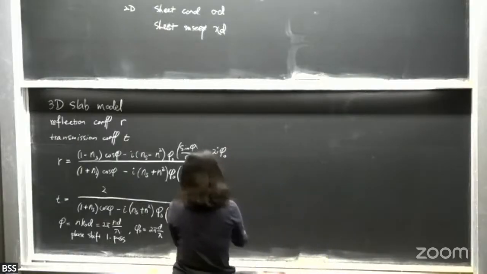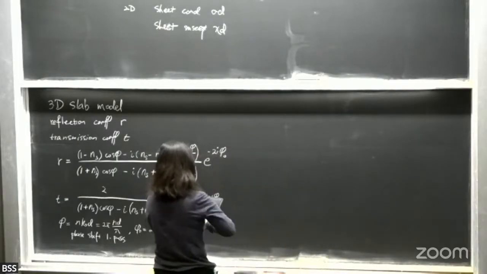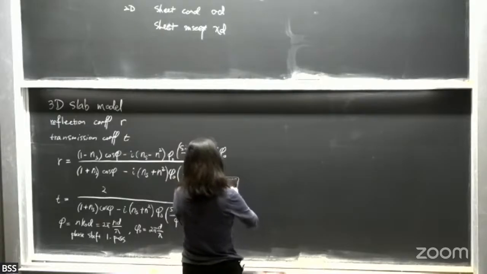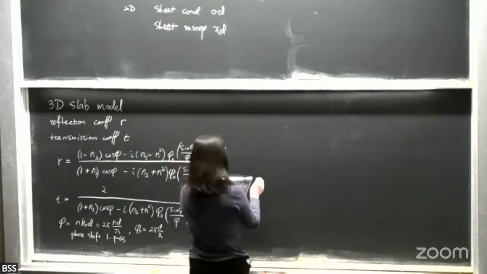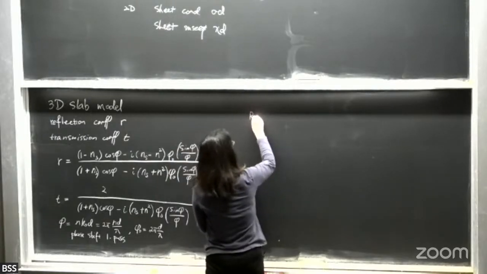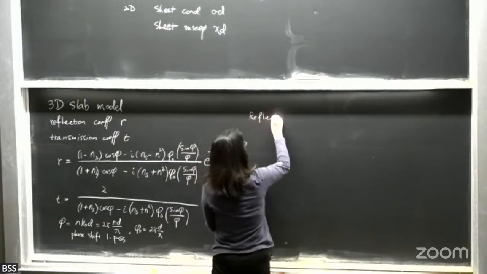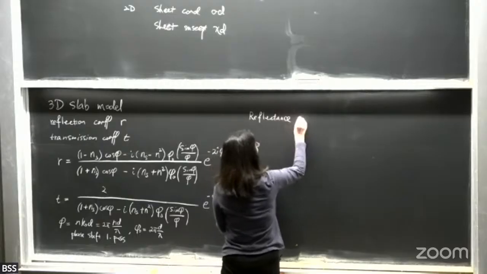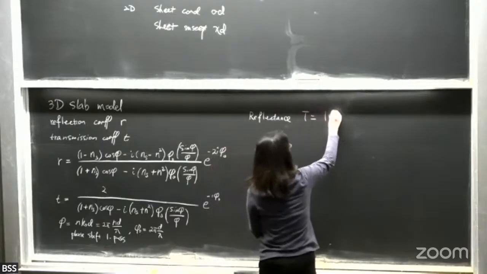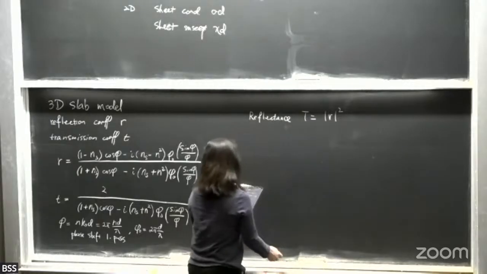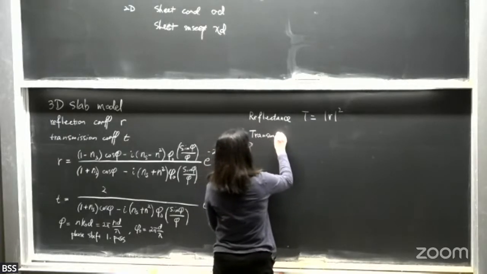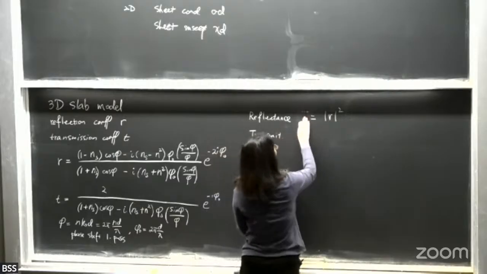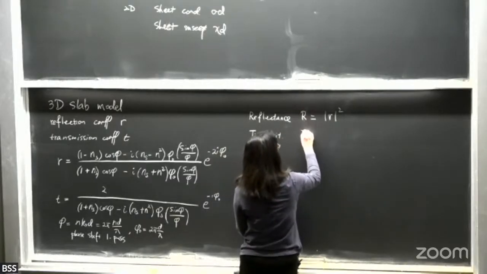So in the experiment, what we get is reflectance, which is the modulus of this guy squared, or transmittance. Sorry, this is R, and this is T.